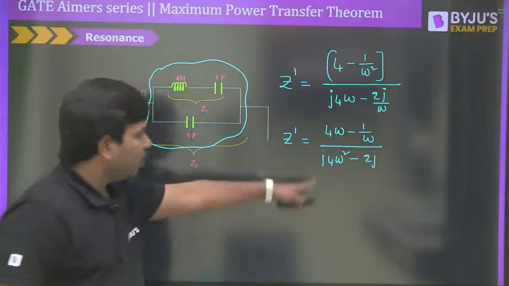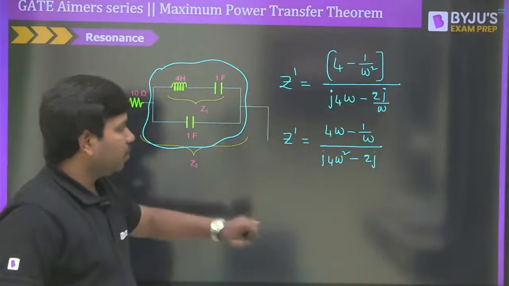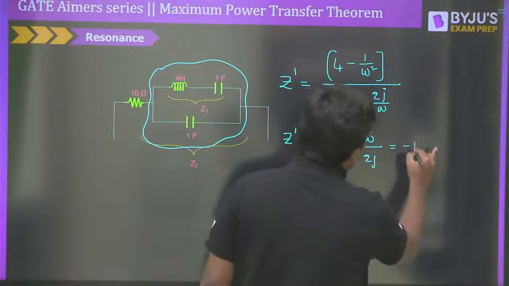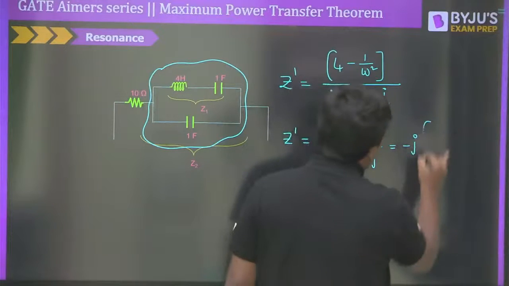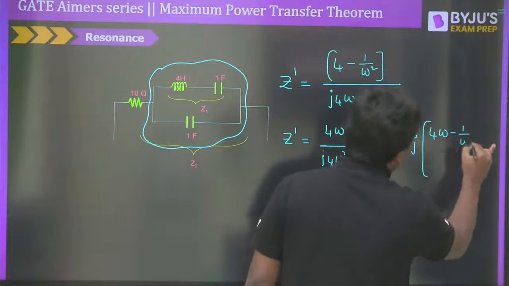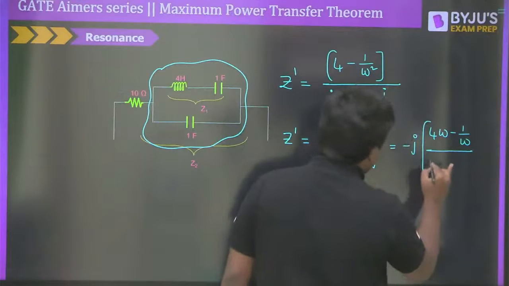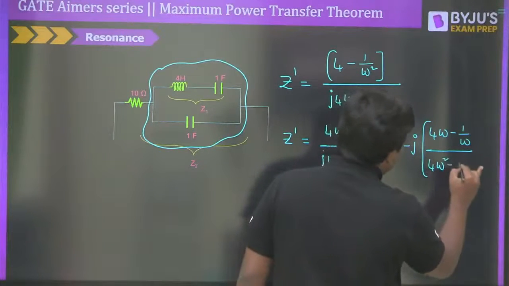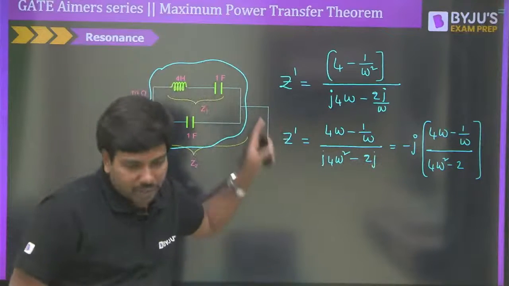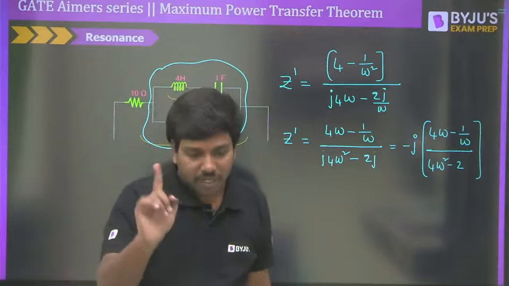This is what you will get as the total part here, right? So therefore it could be written as minus j into all the way 4 omega minus 1 divided by omega, whole divided by 4 omega square minus 2. This is considered as your Z dash, right?